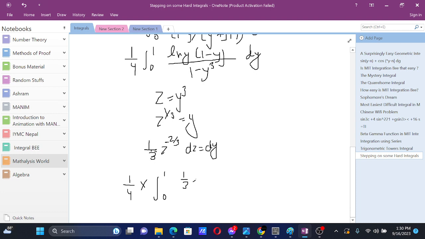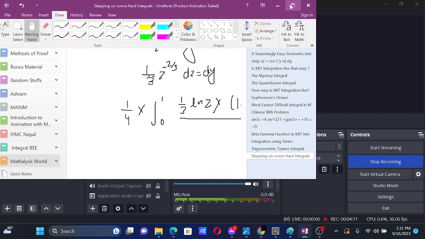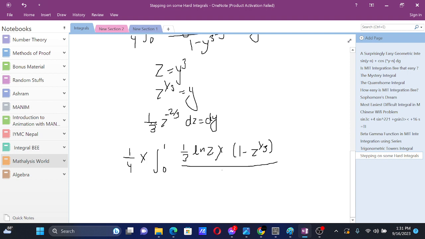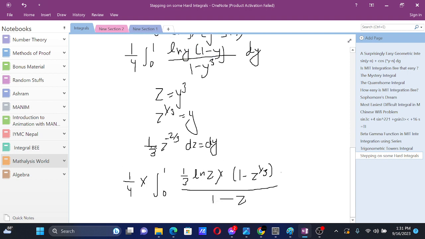So that's 1 by 3 ln z, and here 1 minus z to the power 1 by 3, and in the denominator we have 1 minus z, and dy is just 1 by 3 z to the power minus 2 by 3 dz.